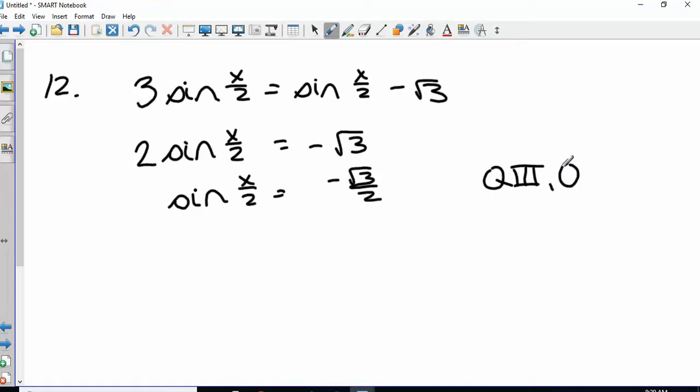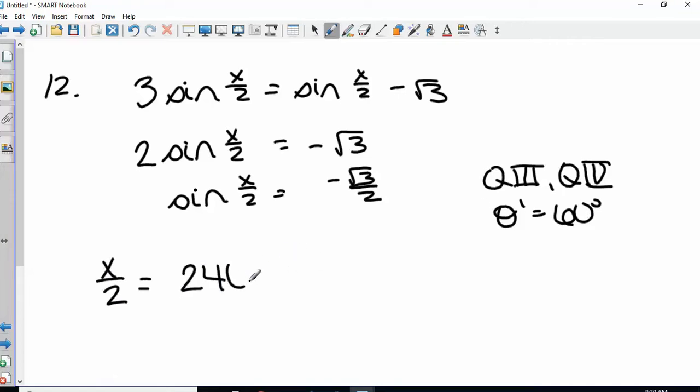Quadrants, when is sine negative? Reference angle, when is sine radical 3 over 2? So my angle, x over 2, could equal 60 degrees in quadrant 3, so 180 plus 60. And quadrant 4, 360 minus 60 is 300.